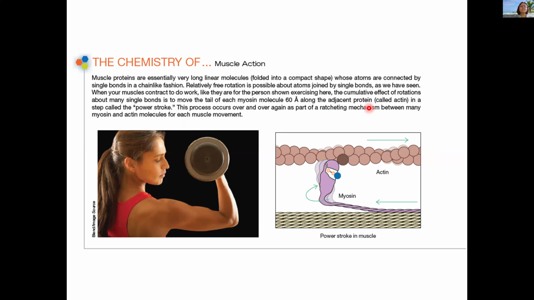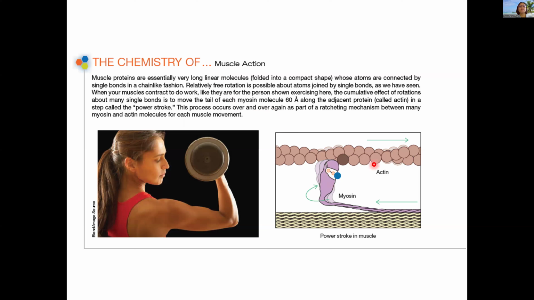And because of this rotation, when your muscles contract to do work, they are like they are for the person exercising here. The cumulative effect of rotations about many single bonds is to move the tail of each myosin you have here, you know.